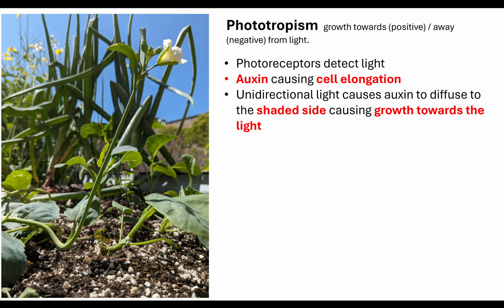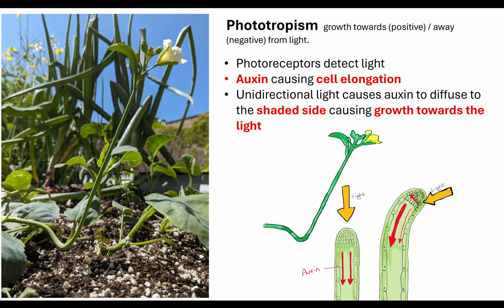If we have light, which is unidirectional, coming from one direction, the photoreceptors will detect that light, the cells will start to produce the auxin, and the auxin will diffuse. When the light is coming from one direction, the diffusion of the auxin moves to the shaded side of the shoot, and that causes growth to occur, this cell elongation, which causes the bending of the shoot towards the light.